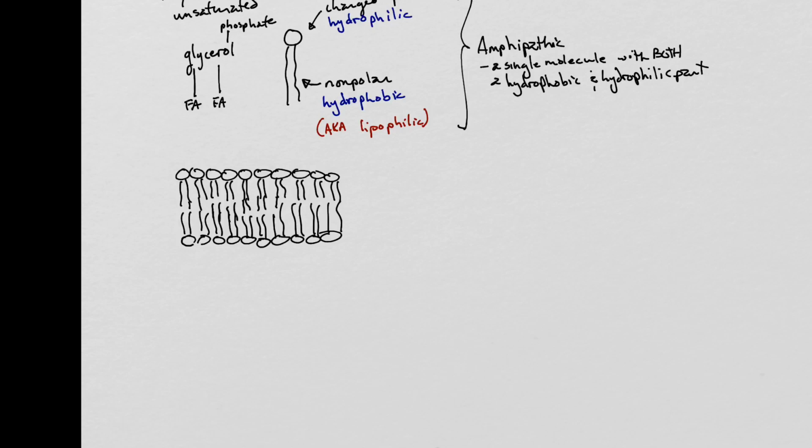In this phospholipid bilayer, we have this big hydrophobic area that is made up of all of those tails for the phospholipids. And we have a hydrophilic area right here. We have a hydrophobic area right here.